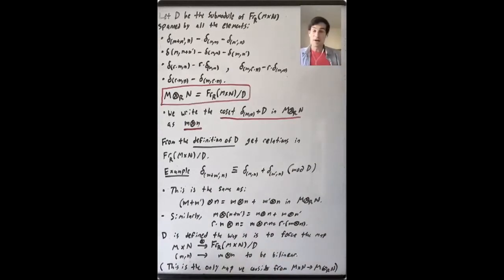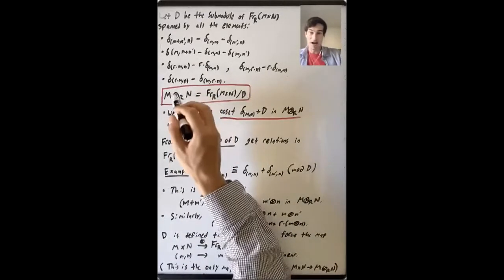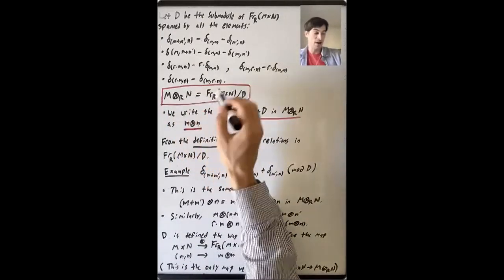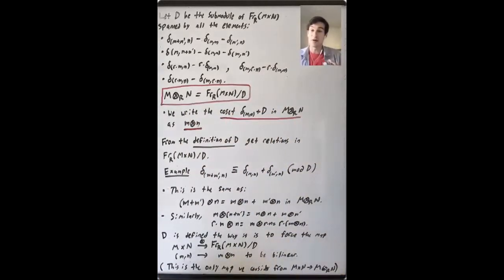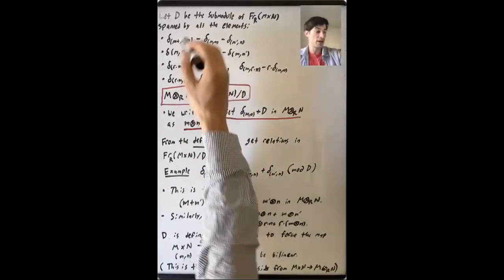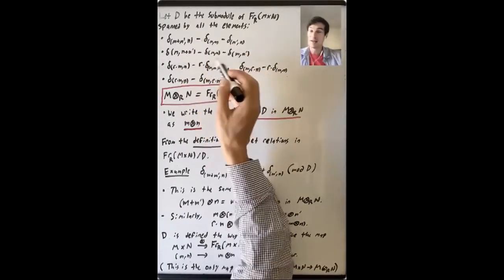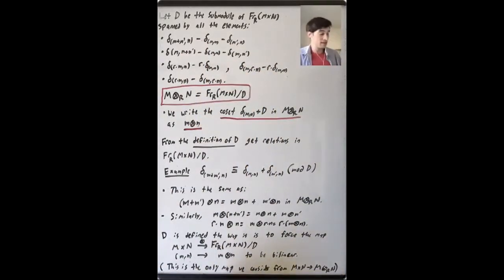So what have we seen? Starting with an R-module M and an R-module N, we have this R-module M ⊗ N defined as the quotient of this giant free module by the submodule D generated by this collection of elements.